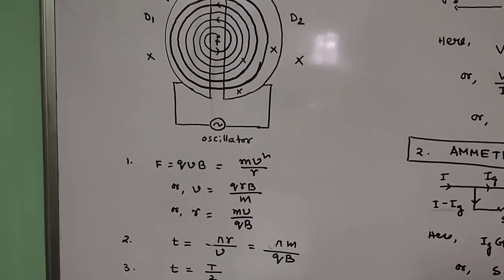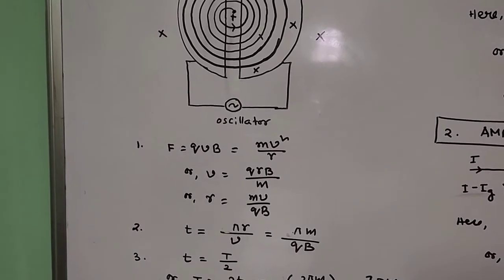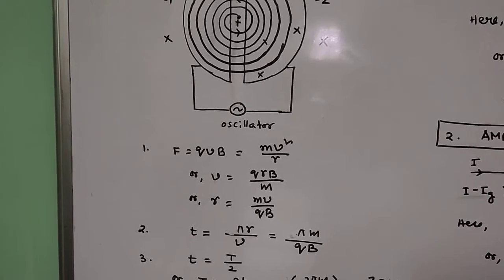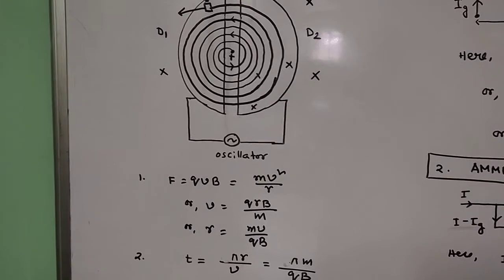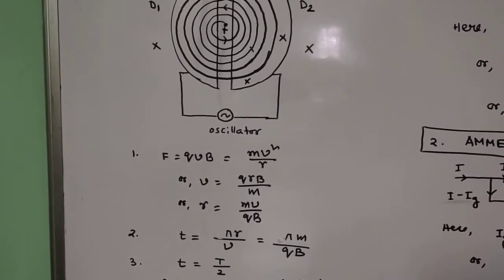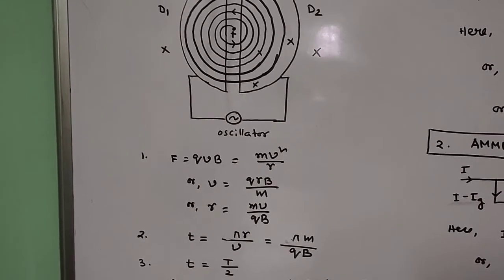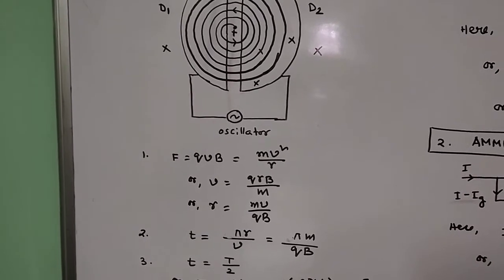Now capital T is the time period of the oscillator. The oscillator time should be such that alteration of potential must be there. So t is the time it takes to come out from D, and in that case t should be equal to capital T by 2, because in the oscillator you have two halves, one positive and another negative, and a half cycle is T by 2.